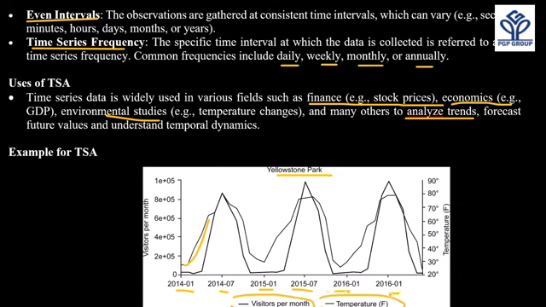So it is almost 3 years of data, 14, 15, 16. Then we are collecting the number of visitors and also the temperature. So one line is the number of visitors, how many visitors visit the park every month, and what the temperature is, for all the 3 years. So this is a time series data example.